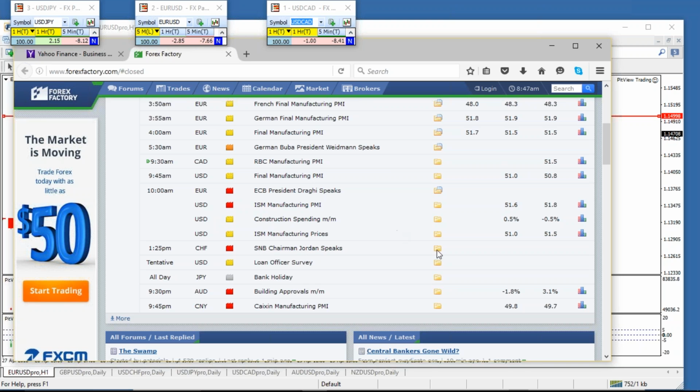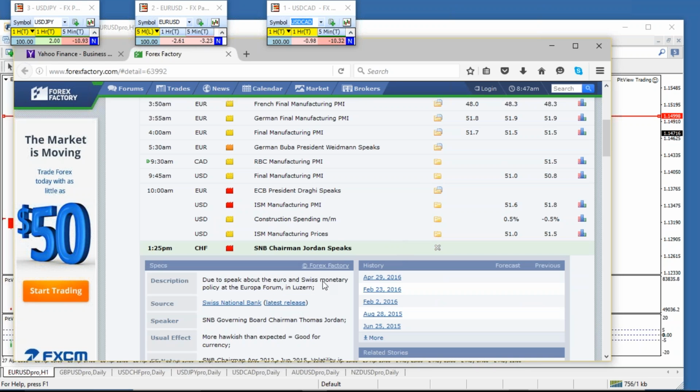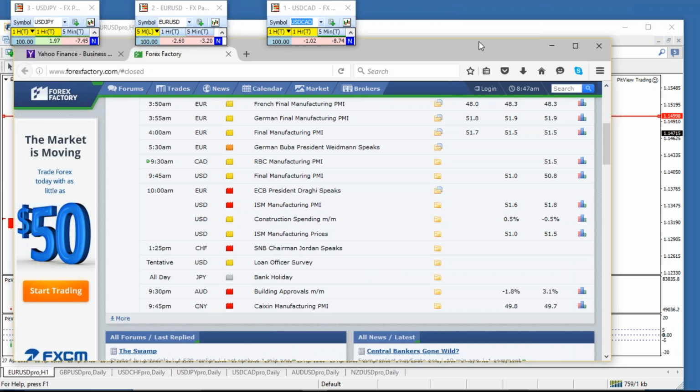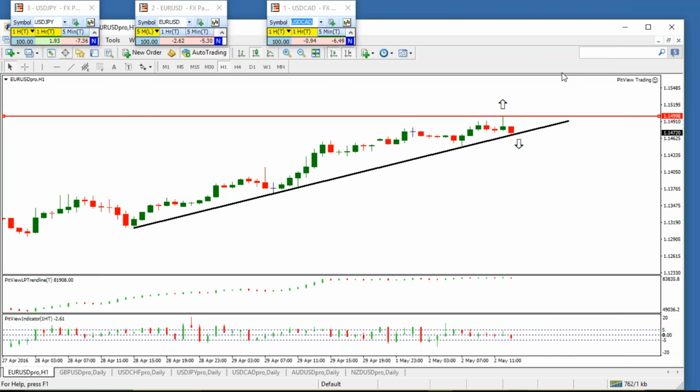Draghi's not really, he's just speaking at this Asian conference, but Jordan is actually speaking on European and Swiss monetary policy at the Europa Forum, and that could get quite interesting, because we all know that he's going to be overly dovish and concerned about the exchange rate on the Swiss.